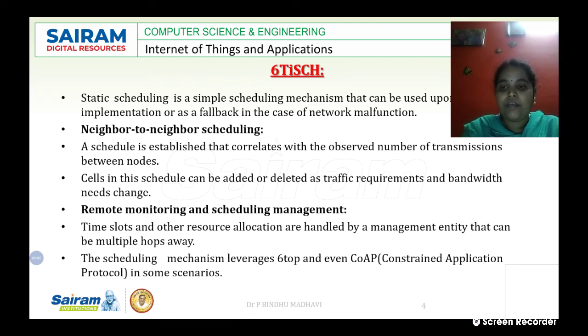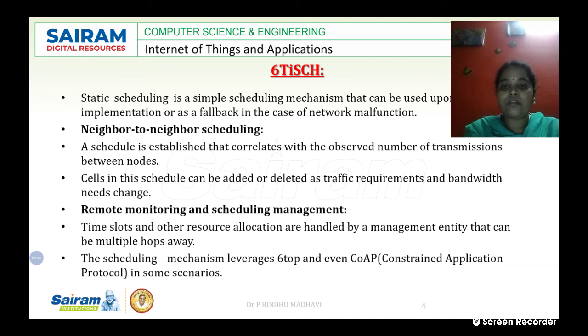So according to this, the cells or the frames in this schedule will be added or deleted as per the requirements of the traffic and the bandwidth. Accordingly, things will be changing here. So neighbor to neighbor scheduling is not completely static scheduling.